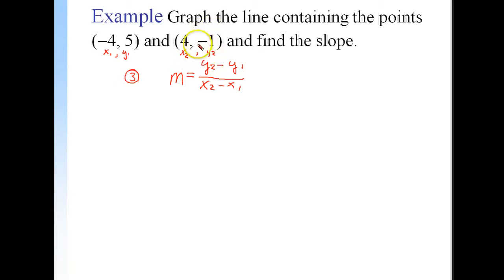So I take this first member right here, negative 1, which is my y sub 2, negative 1. Now there's a negative in the formula, so I put that there. And then I go to my y sub 1, which is 5. Then I go to my x sub 2, which is down here. That's 4.